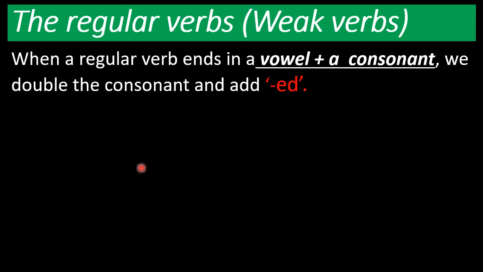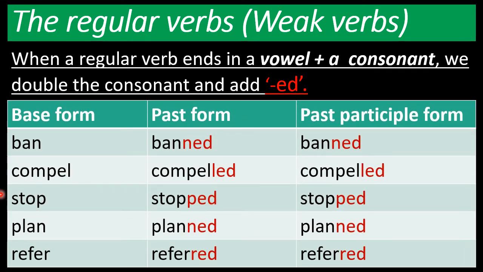Next rule: when a regular verb ends in a vowel plus a consonant, we double the consonant and add ed. Actually, these are the common rules. Example: ban. The verb ends in a consonant, and before it we see a vowel, a.